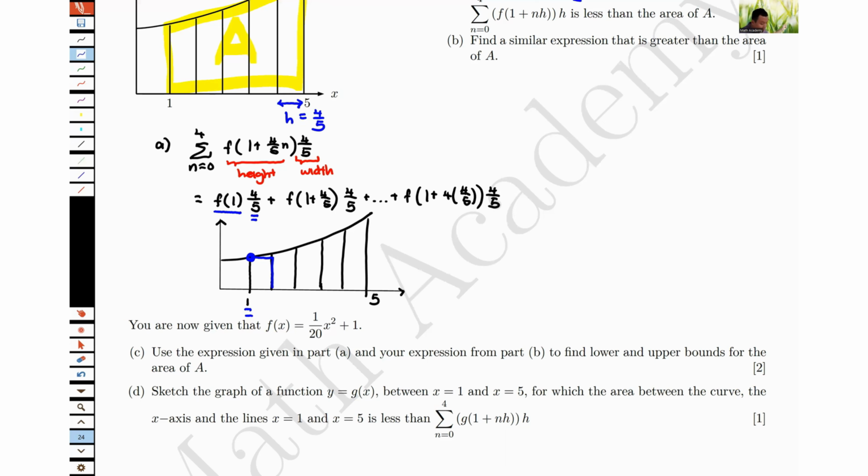Second rectangle, the height is f(1 plus 4/5). This value here is 1 plus 4/5, because each width is 4/5. So your rectangle therefore looks like this. And if I keep continuing the pattern, then you are really drawing all your rectangles to be below the graph.